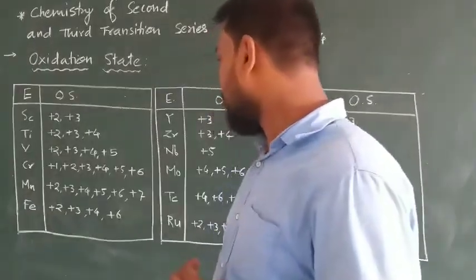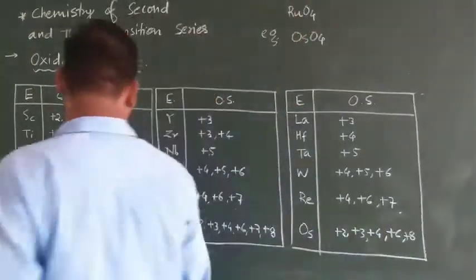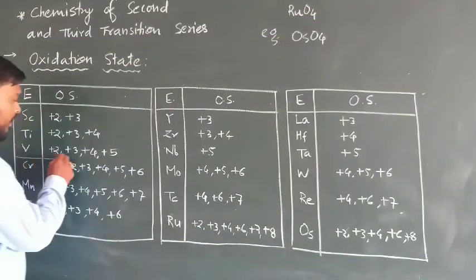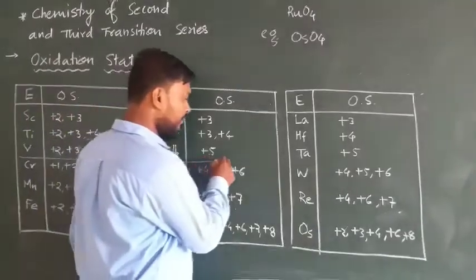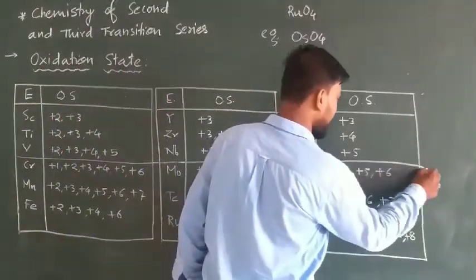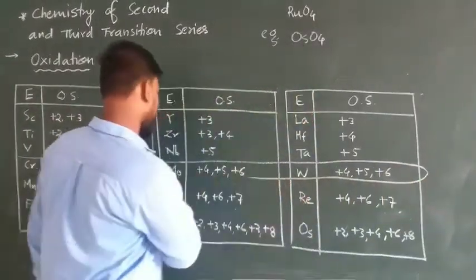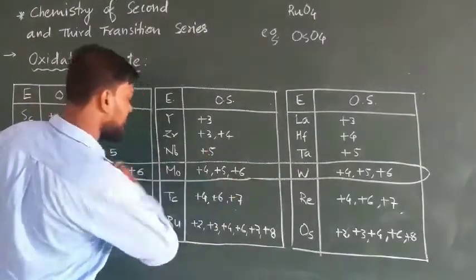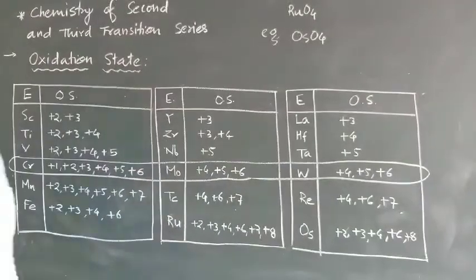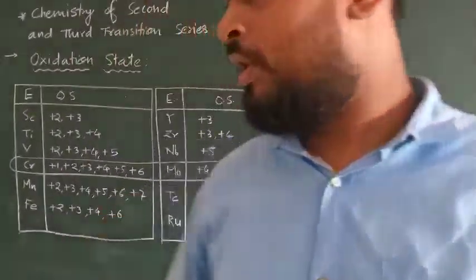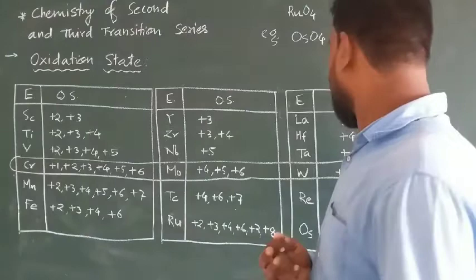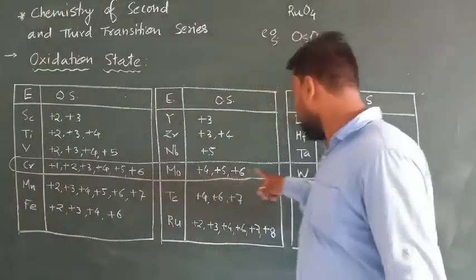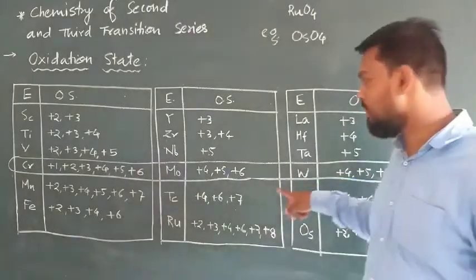if you look carefully at these elements, chromium, molybdenum and tungsten, you can find that in all these three elements the maximum oxidation state is +6.